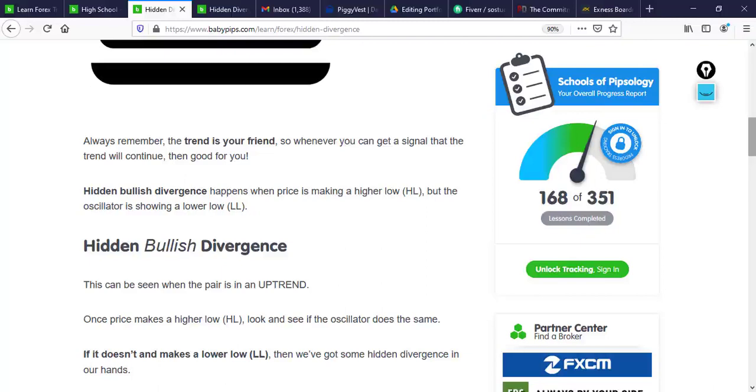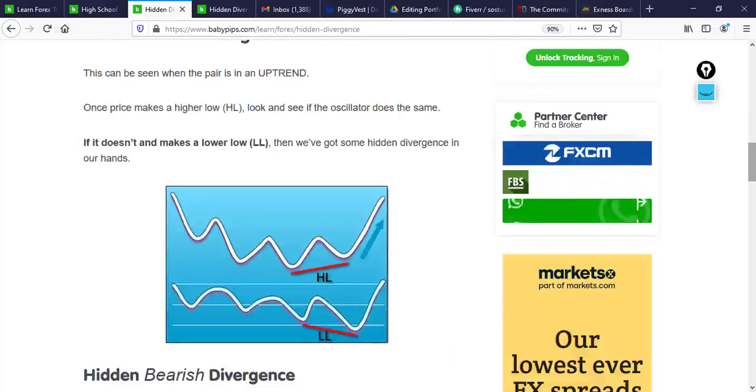When we are in a trend, the trend is our friend, that's what we always say. So when price is making a higher low but the oscillator is showing a lower low, we are in a hidden bullish divergence. Let's say a pair is in an uptrend. An uptrend will have higher highs, higher lows.